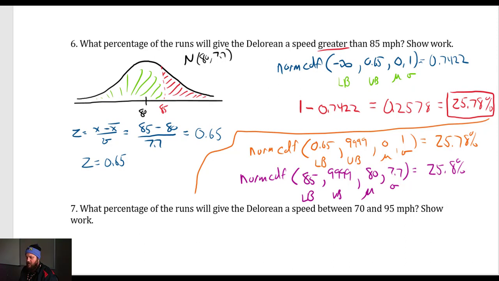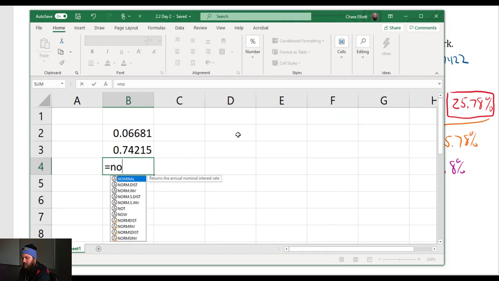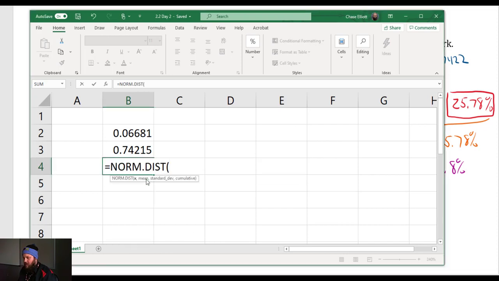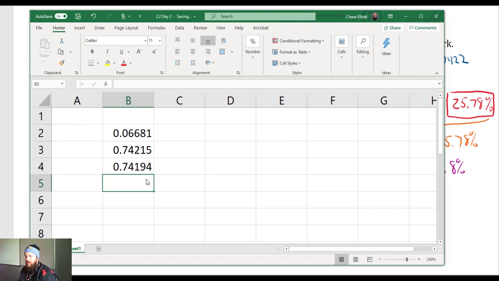Now let's make sure that this works out in the spreadsheet as well, same way, which it should. So if we were to do this and say equals norm distribution, we click that. And then we said our x value was 85, the mean is 80, standard deviation is 7.7, and we want it to be true. Oh, look at that. The trick with these is you can't set your lower bound and upper bound.